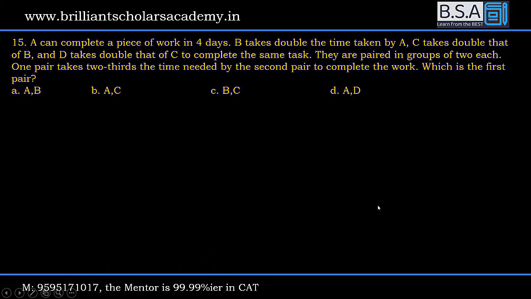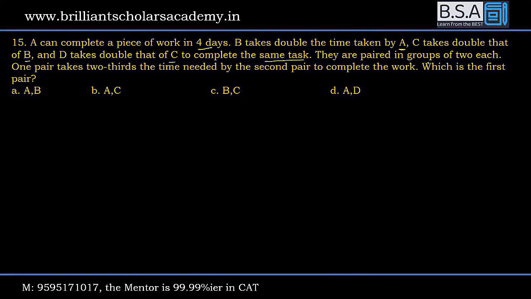Let us try this. A can do a piece of work in 4 days. B takes double the time taken by A. C takes double the time taken by B. D takes double the time taken by C to complete the same task.